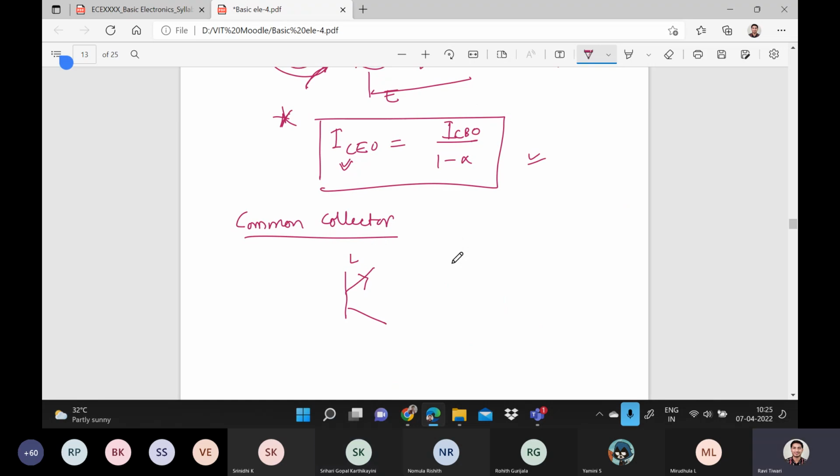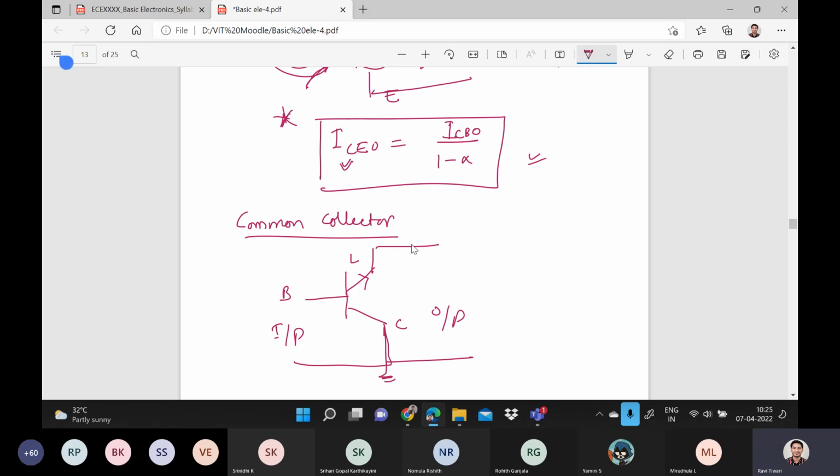Yes, sir. Okay, now we will see the common collector. As you know, here the collector will be common. So I am drawing like this because I can draw at least. This is input and this is your base, this is your collector, and as you can see, the collector is common for input and output.